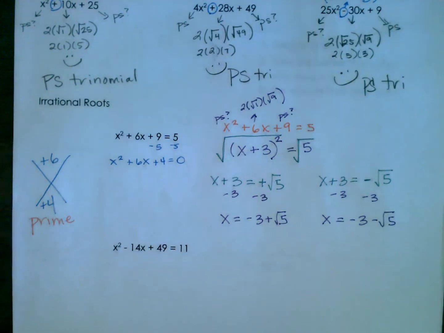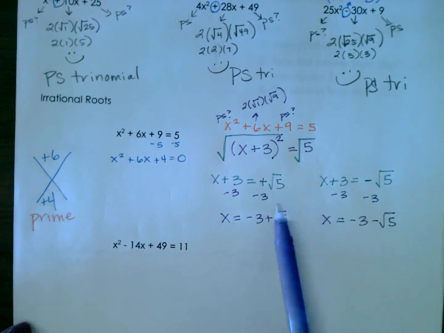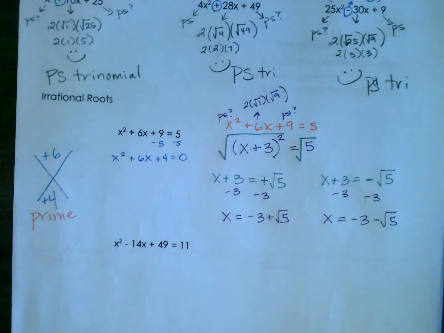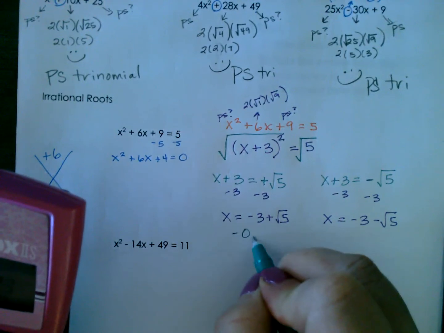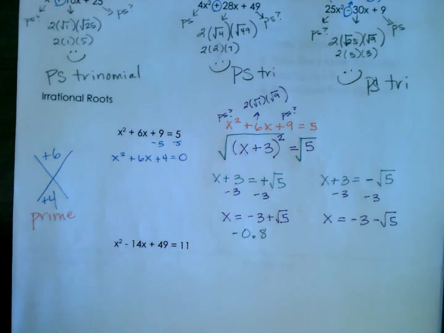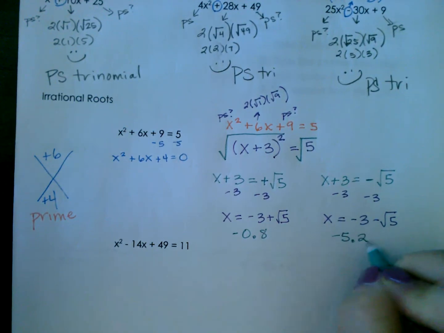And then you will use your calculator and come up with answers to the nearest tenth. So I'm going to do negative 3 plus square root of 5, and I get negative 8/10. Then I will go up and do negative 3 minus the square root of 5, and I get negative 5 2/10.